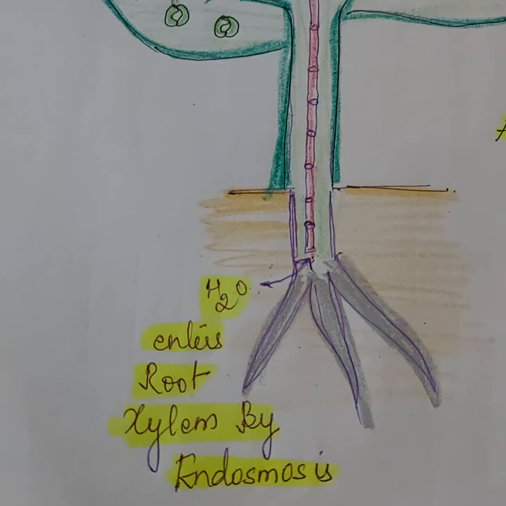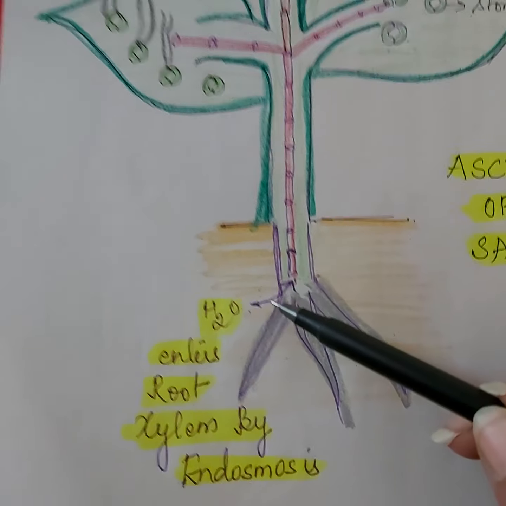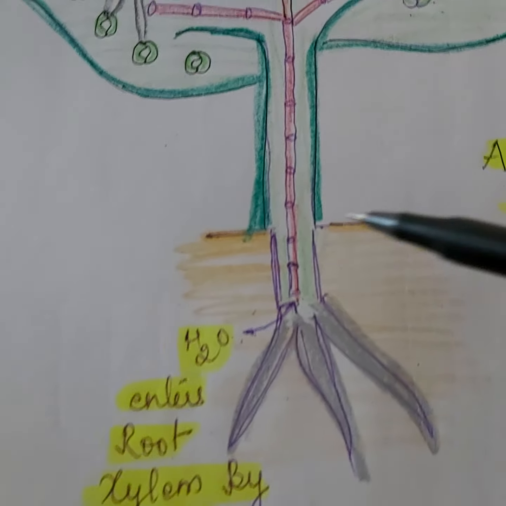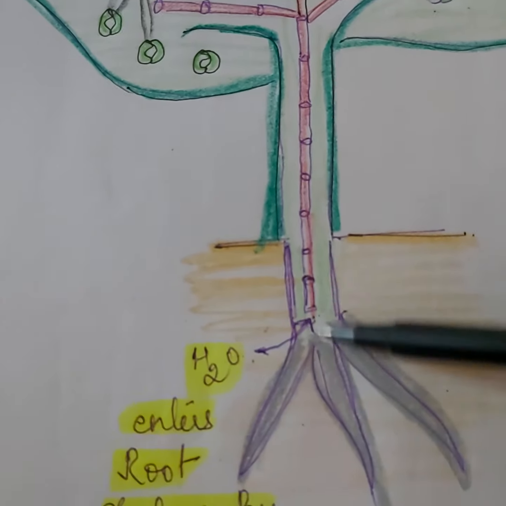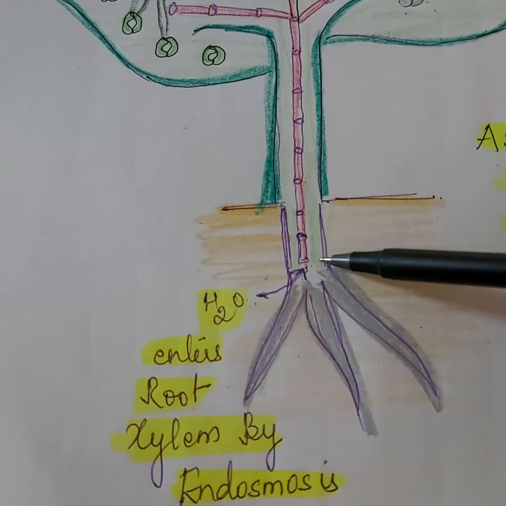Or you can say osmosis. Now what happens is, whenever the water outside the plant is more and inside there is a lack of water, then a concentration difference is developed.